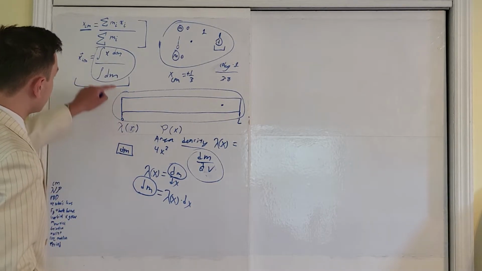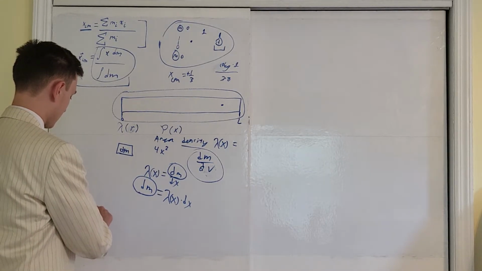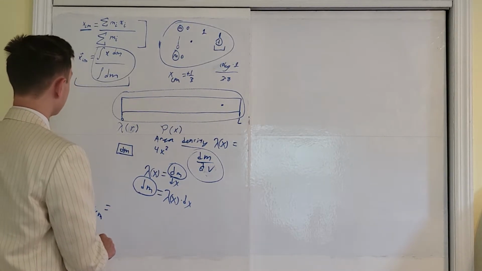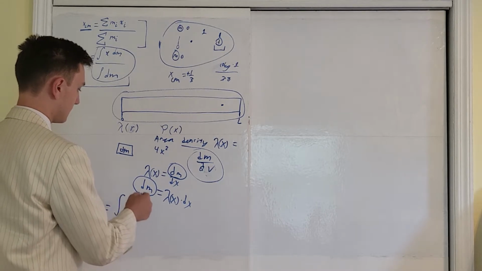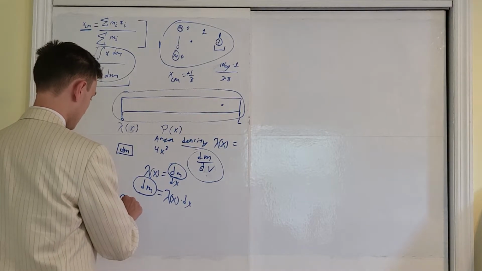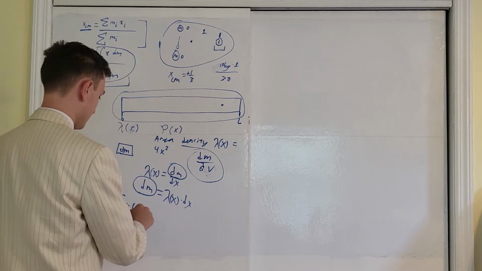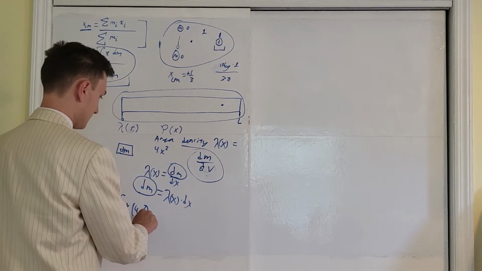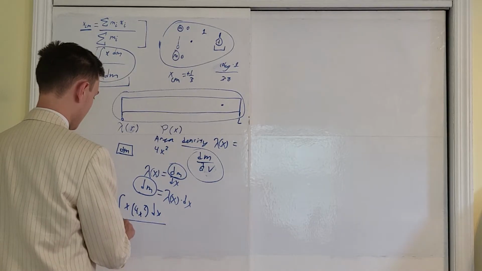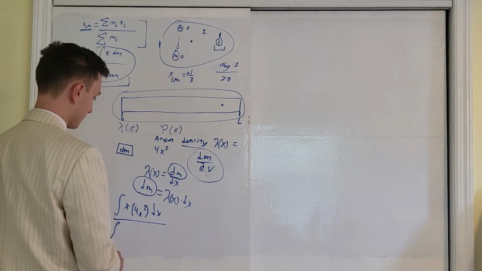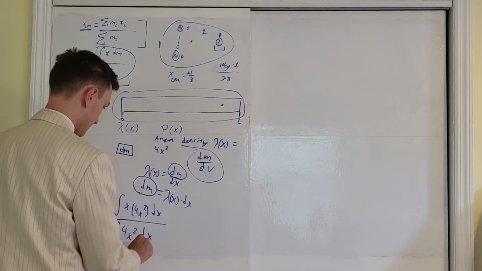Now I know what my mass differential is, so I can plug it into these equations. So the x-coordinate of my center of mass is equal to the integral of x times dm. So x times dm is lambda of x, which is 4x squared, times dx, divided by the integral of dm, which is just the integral of 4x squared dx.